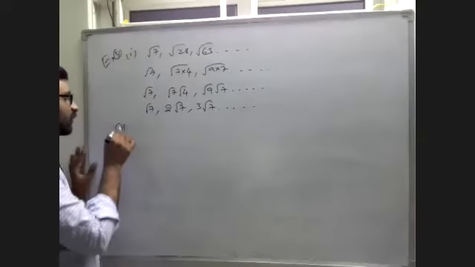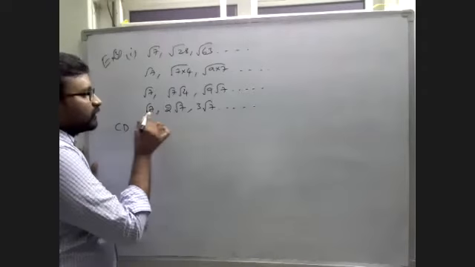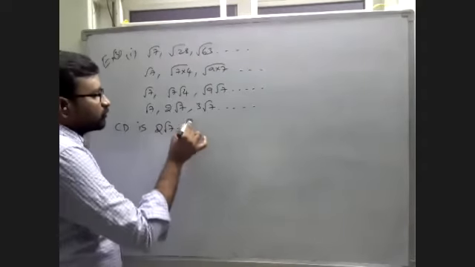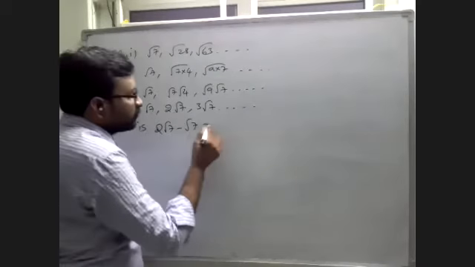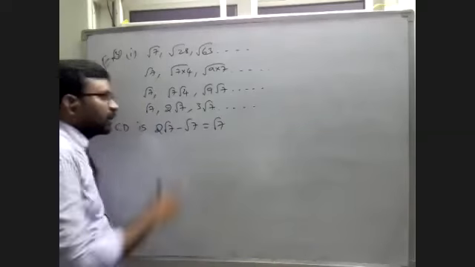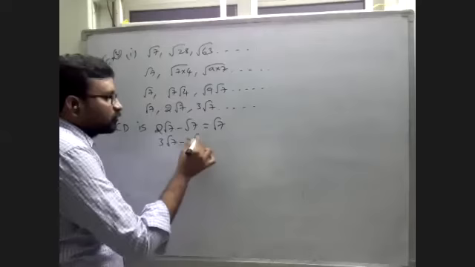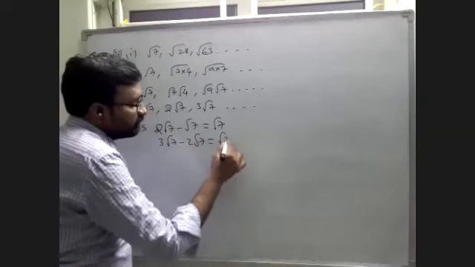Common difference is this one and this one, that is 2 root 7 minus root 7. If you subtract 1 root 7 from 2 root 7, you will get root 7. And this minus this, 3 root 7 minus 2 root 7, is also again root 7.